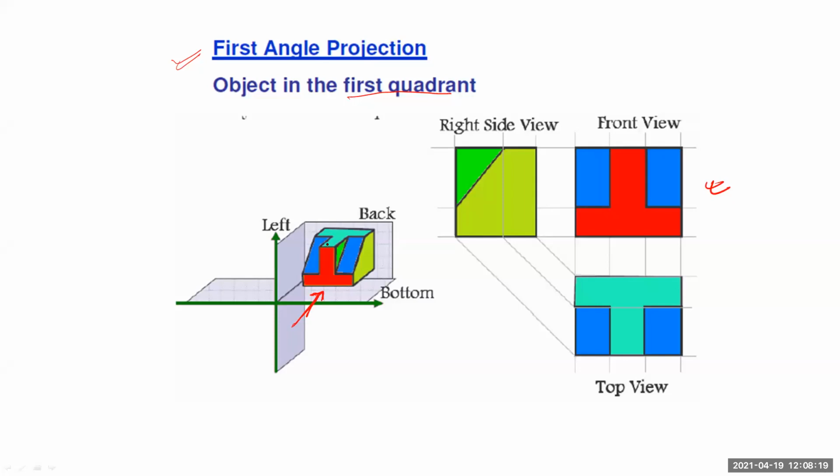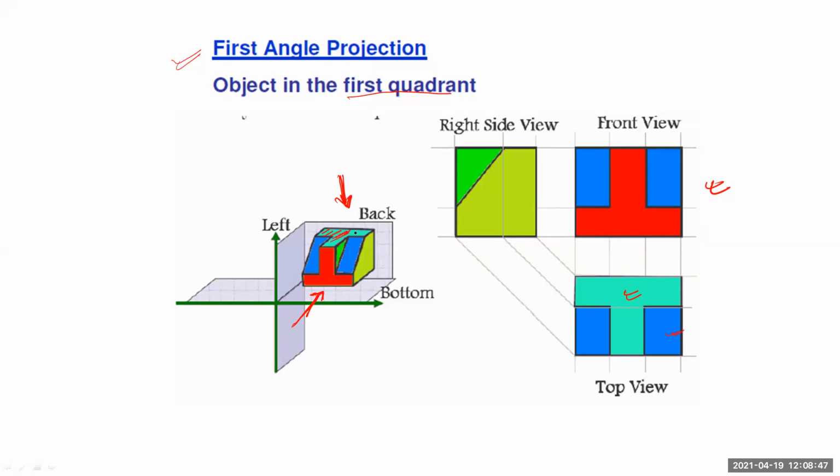Okay. So if you are looking at this object from the front side, you will be able to see red and blue color. If you are looking at the object from the top side, you will be able to see this blue color and this green color. Let me hatch over here.